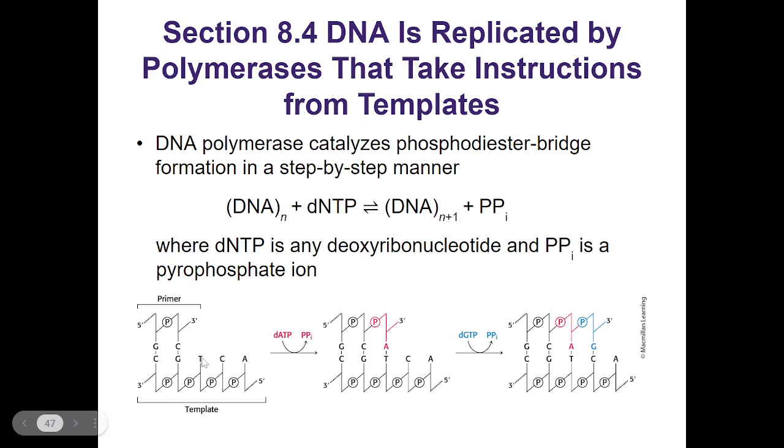This shows you this in a bit more detail. So here we have our primer on here. This is then going to come in, react to an ATP in this case, a dATP, that matches up with the T. And so what we'll do is we'll then form our phosphoryl linkage right here. This will use up the energy from 2 of those phosphates that were on the ATP.